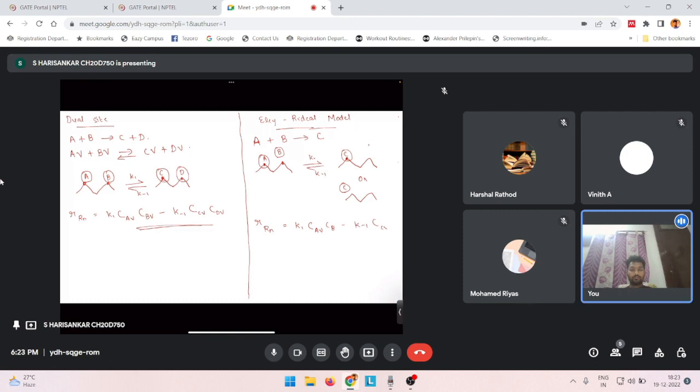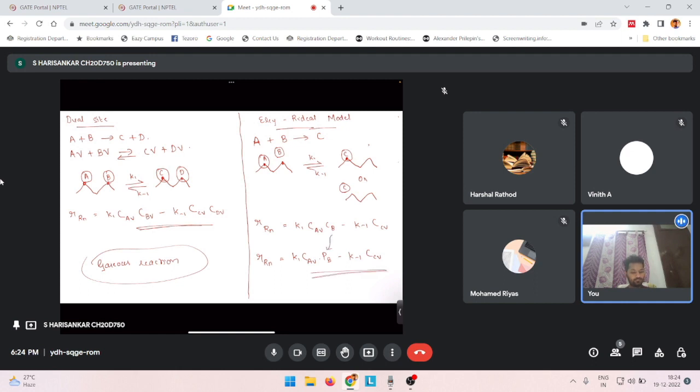But also one more thing that you should notice: if you assume these reactions are gaseous in nature, you can write this rate of reaction as k1 C_AV into P_B, which is the partial pressure of B, minus k minus 1 C_CV.